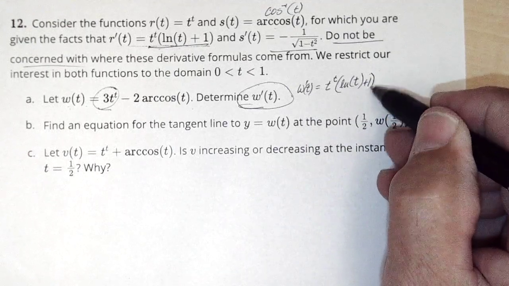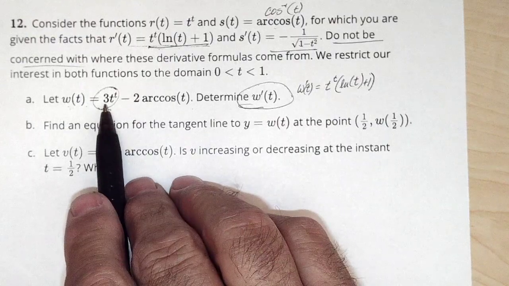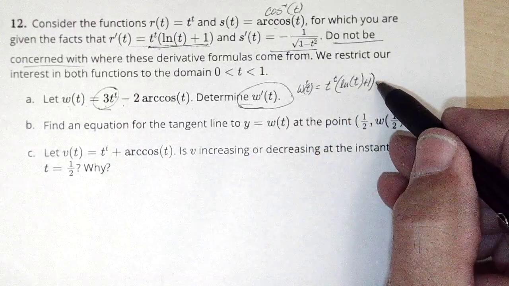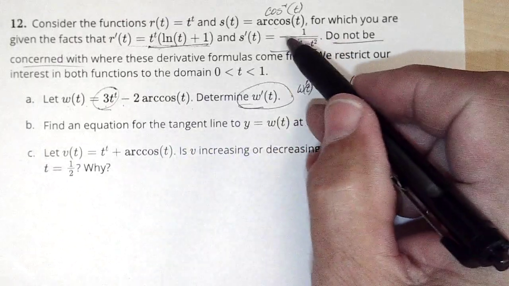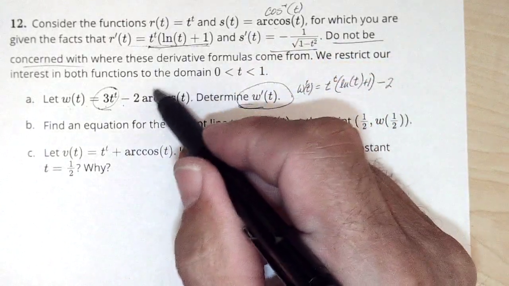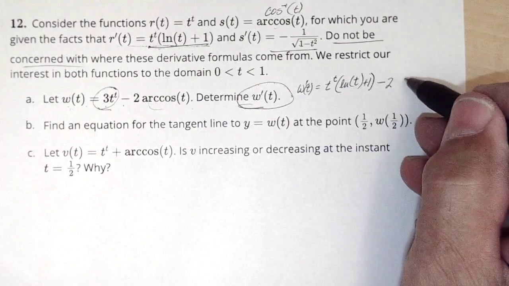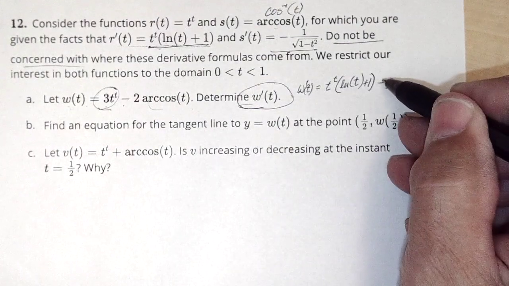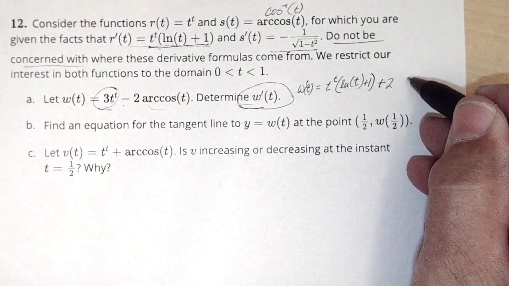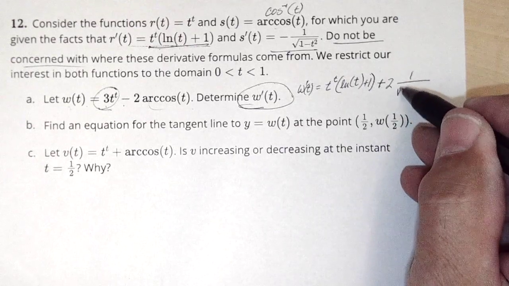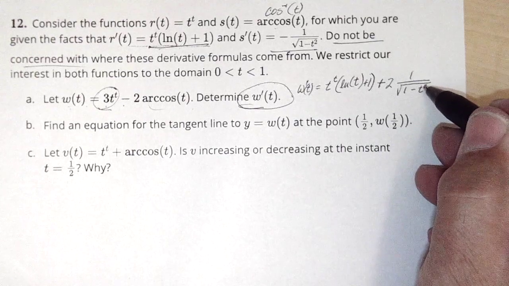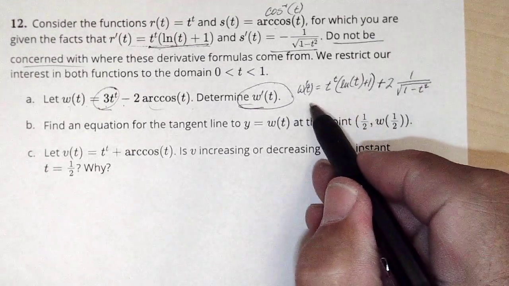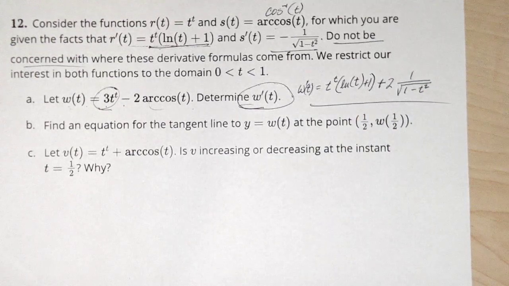And that is the derivative of that, minus 2, a constant times the derivative just stays there, times the derivative of this, which they told us was this, which is minus, which changes that to plus, and 1 over the square root of 1 minus t squared. So there's w prime of t.